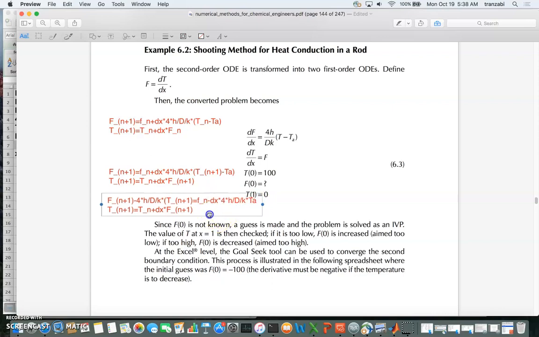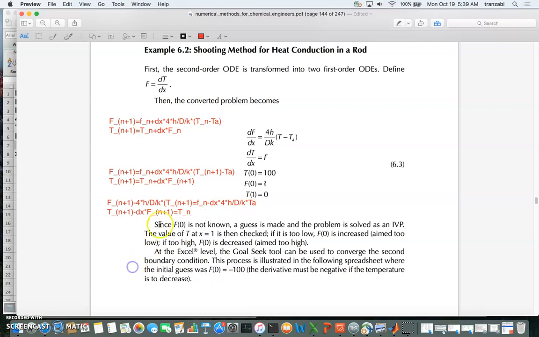And then for the second equation, I am going to have this term. I cannot highlight it, I have to rewrite it, because it's going to be minus dx times f of n plus 1. And this term goes away because I brought it to the left side.